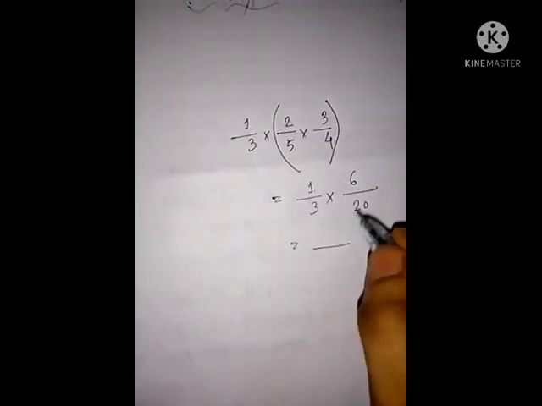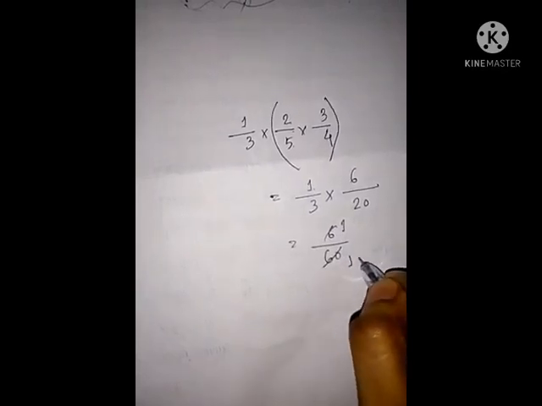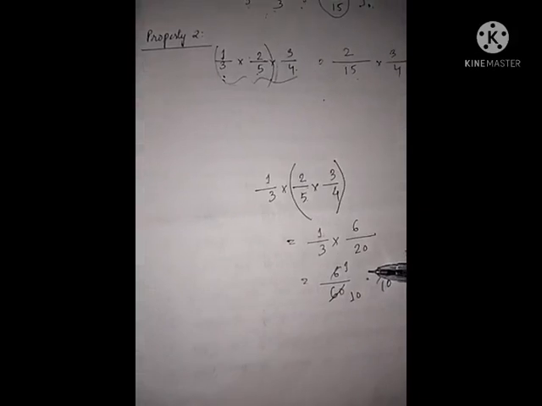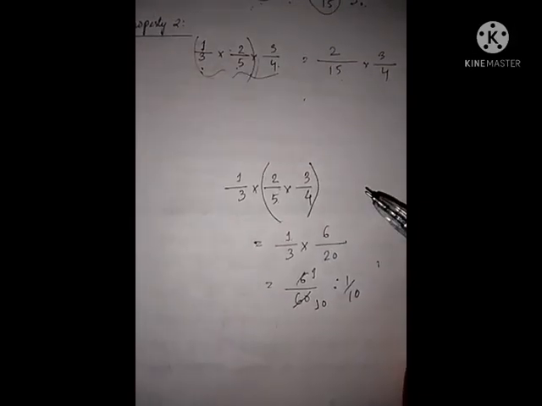The answer will be 6 1s are 6, 60. The answer will be the same, 1 by 10. So there will be no change if the grouping of multiplication is changed. No effect. Understand? So this is property 2.